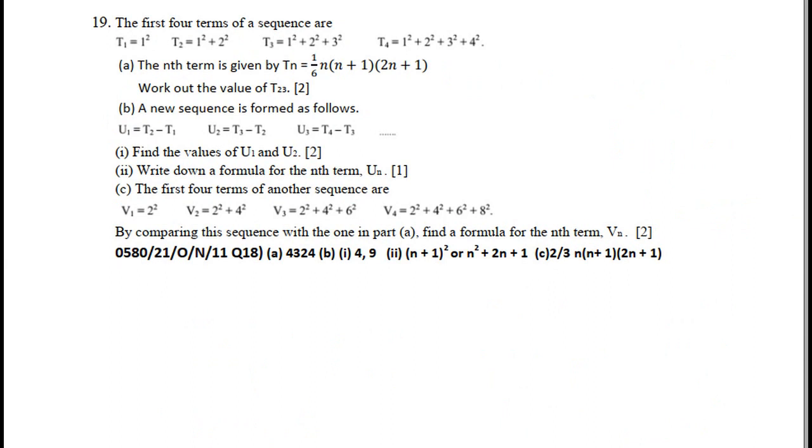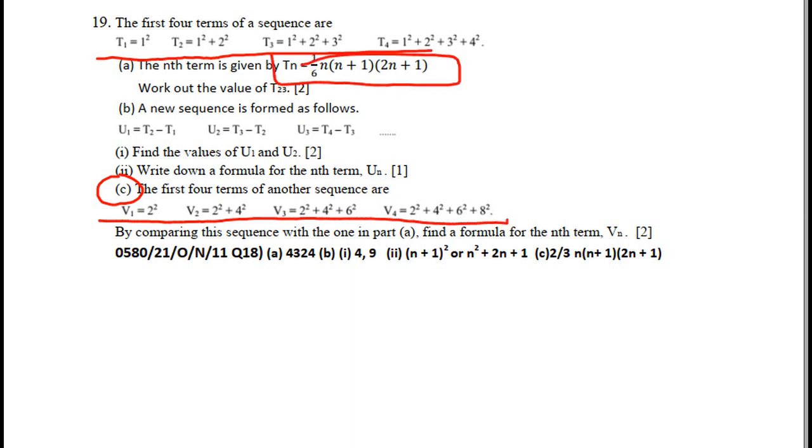Question 19, part C. The first 4 terms of another sequence are these. By comparing these sequences with the one in part A, find a formula for the nth term for Vn. So we have to compare these and from this nth term we have to generate an nth term for Vn.